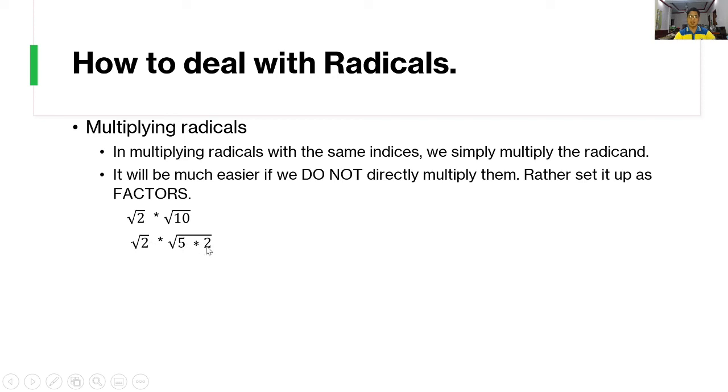So pag pinagsama natin, ito yung maging itsura niya. Square root of 2 squared times 5. Pwede kang maglabas ilang beses? Isa. Anong matitira sa loob? Square root of 5. Nailabas mo na. Ito, simplest form na. Okay?